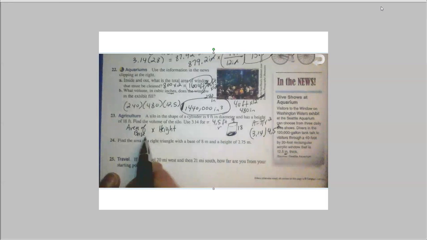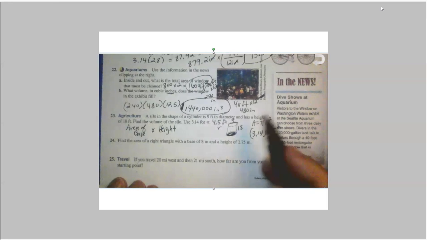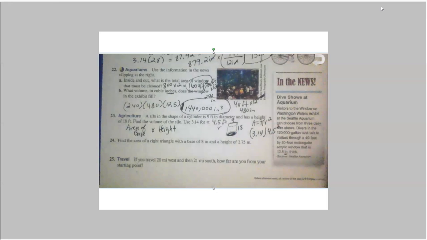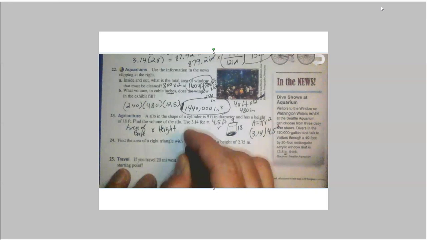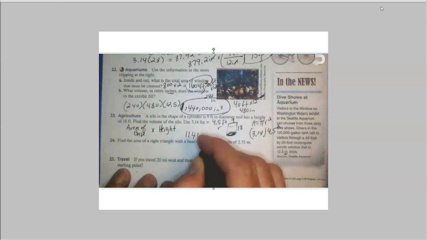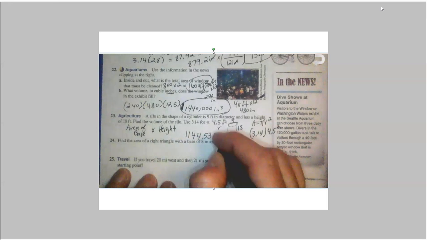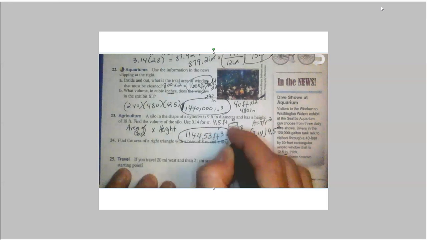So area of the base, 3.14 times 4.5 times 4.5. Multiply all that together and then multiply it times the height of 18. And that's going to give me 1,144.53. We are in feet. This is volume, so cubic feet.